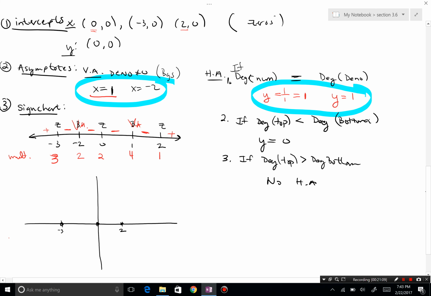If the vertical asymptote is at 1, then at negative 2, there's another vertical asymptote. At y equals 1, there's a horizontal asymptote. It should be just on the end behaviors, remember, not the entire graph, because that's where it should bottom out to.